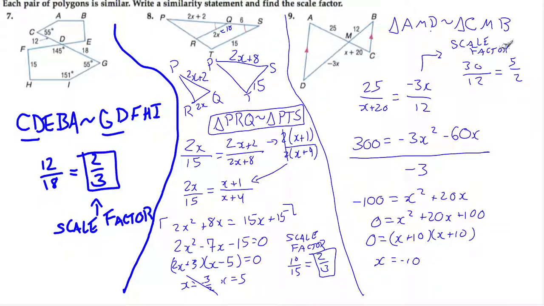And that is the scale factor. And this is the similarity statement. So again, 8 and 9, they're difficult because they involve this quadratic. But as long as you understand the similarity statement and the scale factor, then you're set for the final exam. And there are definitely more examples, especially on this sheet, where we don't have a quadratic to solve.